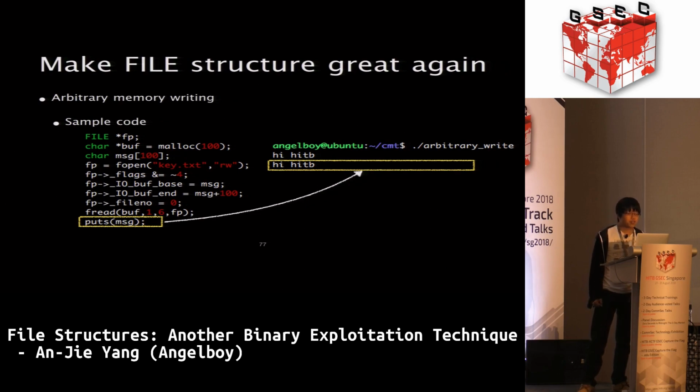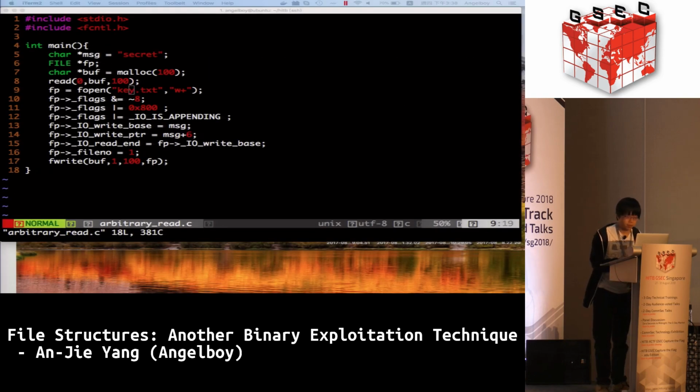That is, fread is reading from standard input but not from the file. Then after inputting some string like in the screenshot, it prints out your input and not an empty string. In other words, we can do arbitrary memory writing. Okay, let's demo it again.